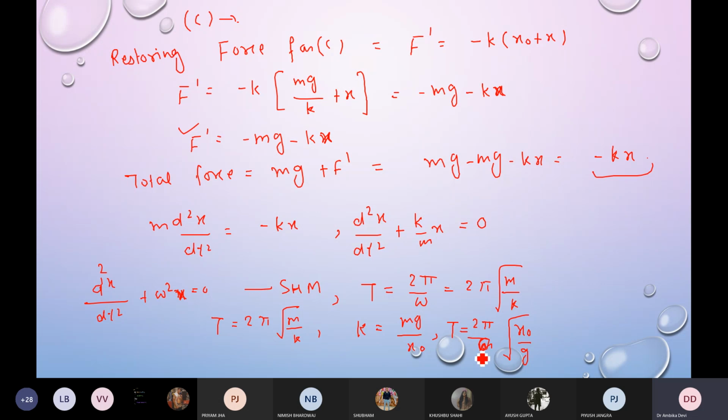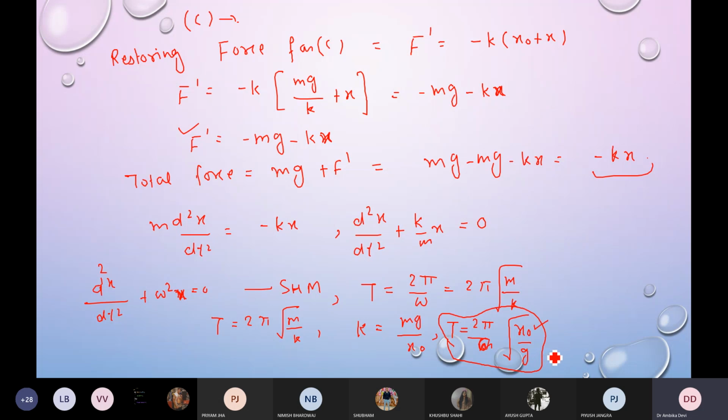So what is the importance of this relation? Why is this relation important? Here you can see that we can derive the time period of oscillation for the mass which is vertically hanging from the spring by just knowing the equilibrium position, x naught, and the acceleration due to gravity.